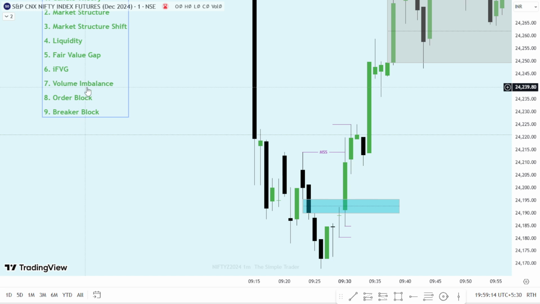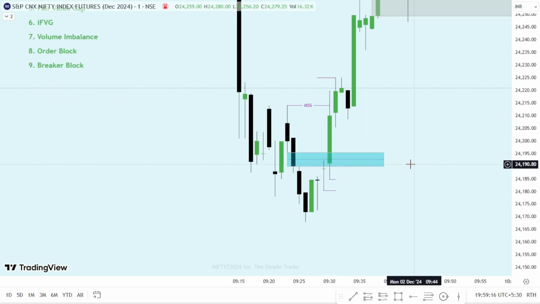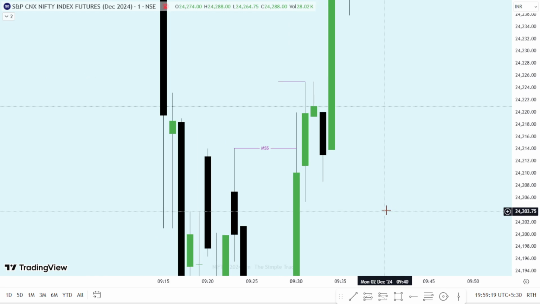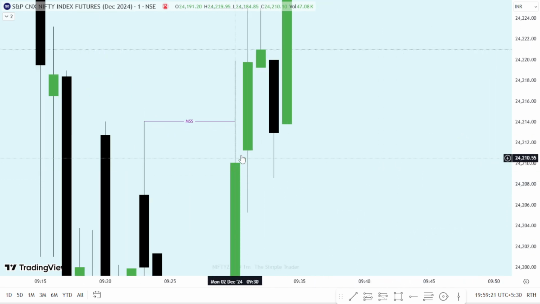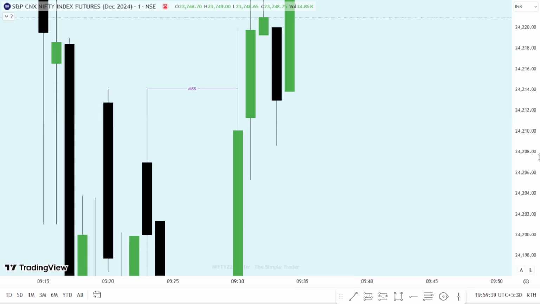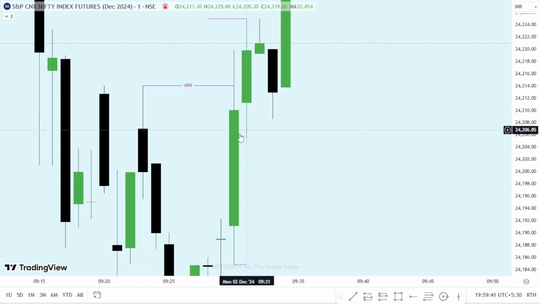Coming to the volume imbalance, this is another great concept of ICT. Between two candles, the bodies can have a gap in between them. For example, say this candle and this candle, there are no gaps between the close of the previous candle and the open of the second candle. But as you can see, in these two candles, price opened here, went up and closed here, but then the next price opened here.